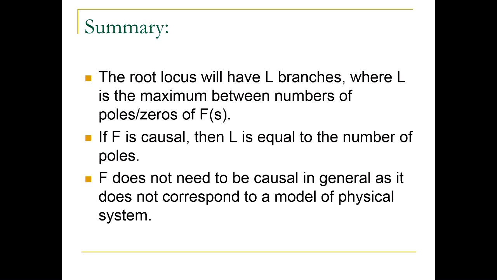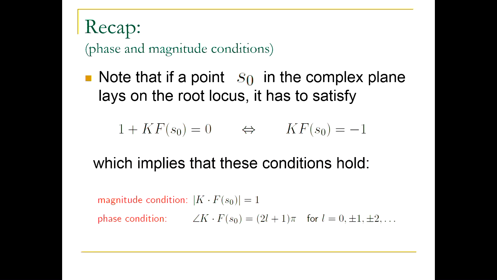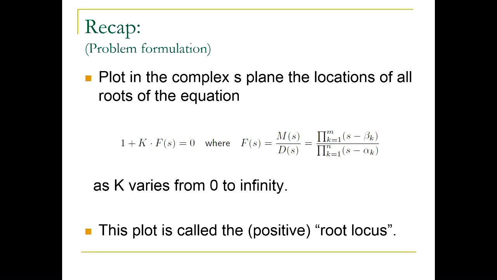Now, for the transfer function f, when I talk about poles and zeros, I always talk about the f transfer function. So this guy, right? So the beta k's and alpha k's are the poles and zeros of this transfer function f. This transfer function f may not be the plant or controller transfer function, but it's obtained from them using the block diagram.